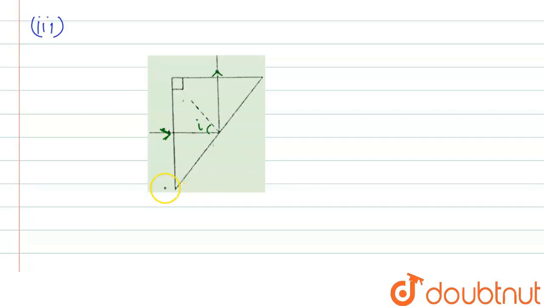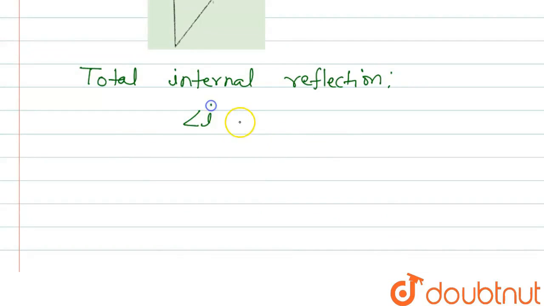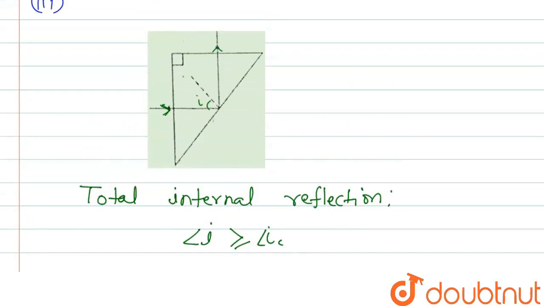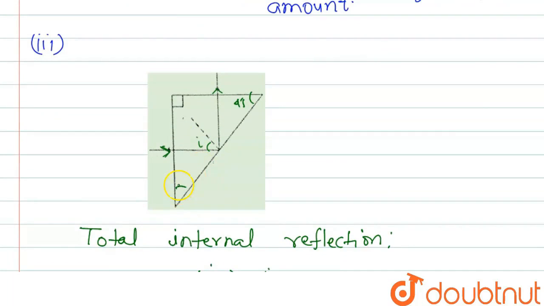So for total internal reflection, the angle of incidence must be greater than or equal to the critical angle. And if we see here, as this is 90, so this is 45, and also this is 45.